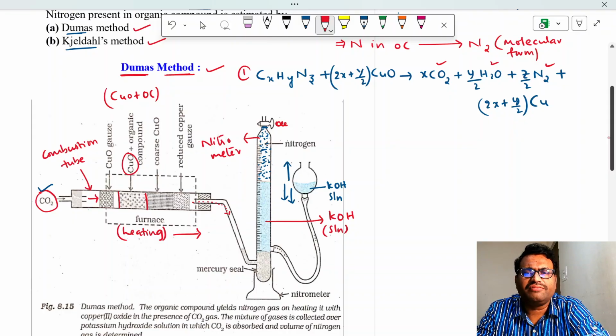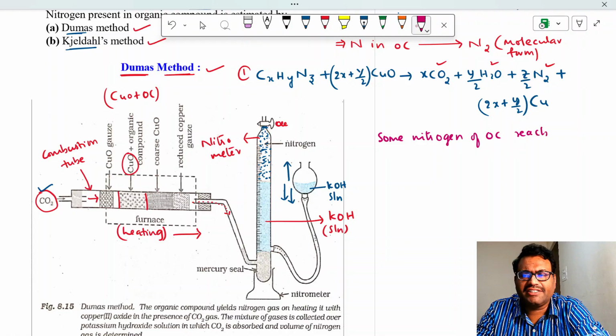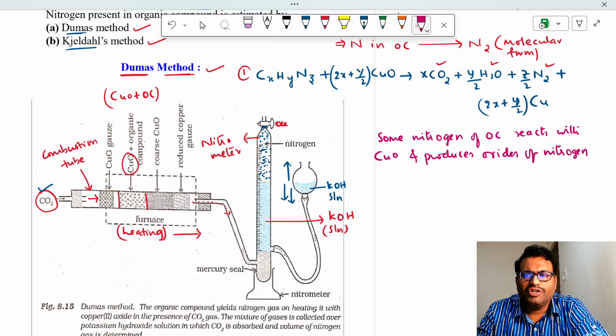So, some nitrogen of the organic compound reacts with the cupric oxide and produces oxides of nitrogen. So along with carbon dioxide, water and nitrogen, some oxides of nitrogen are also produced.